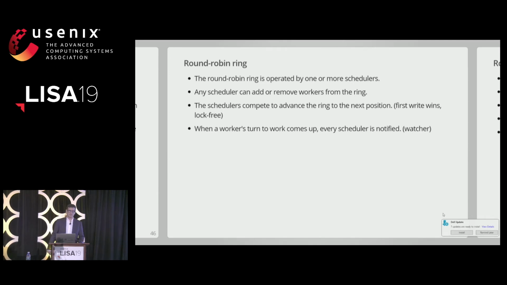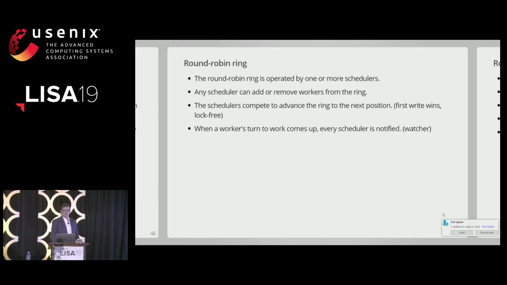Okay, so this round-robin ring is operated by one or more schedulers. So any scheduler can add or remove workers from the ring. The schedulers compete to advance the ring to the next position. And so whichever scheduler actually does that advance first wins. The other schedulers say, oh, somebody did it already, I won't keep trying.